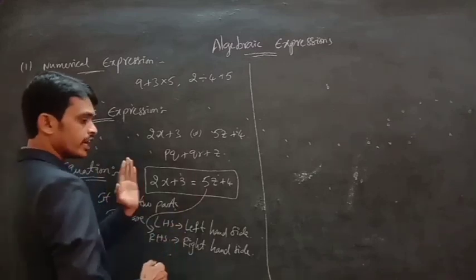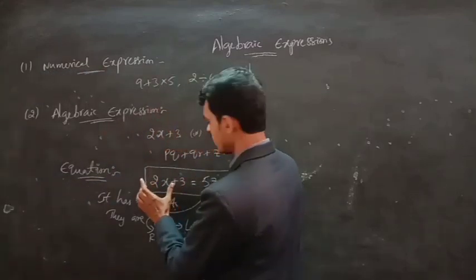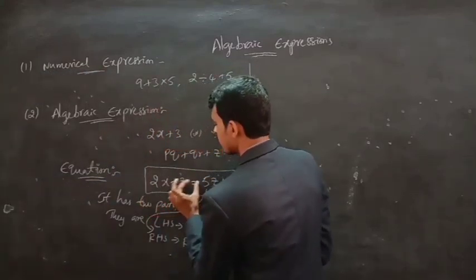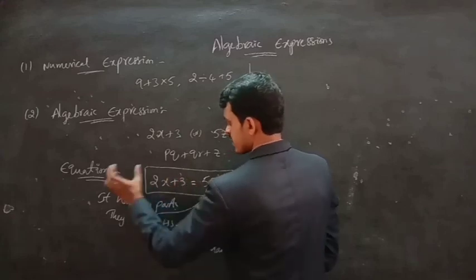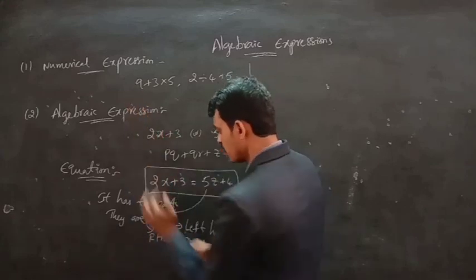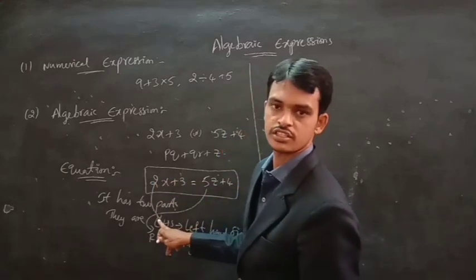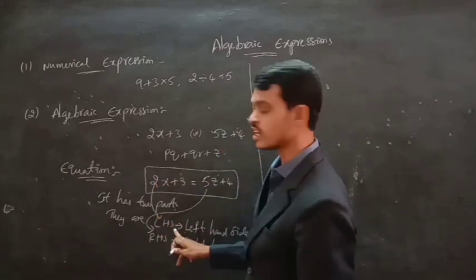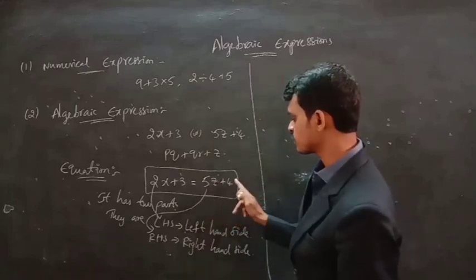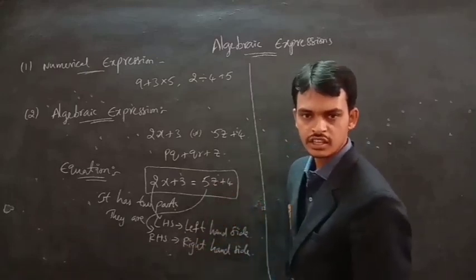Now 2x plus 3 is on the left side of the equal symbol, so this 2x plus 3 is called the LHS, and this 5z plus 4 is called the RHS.